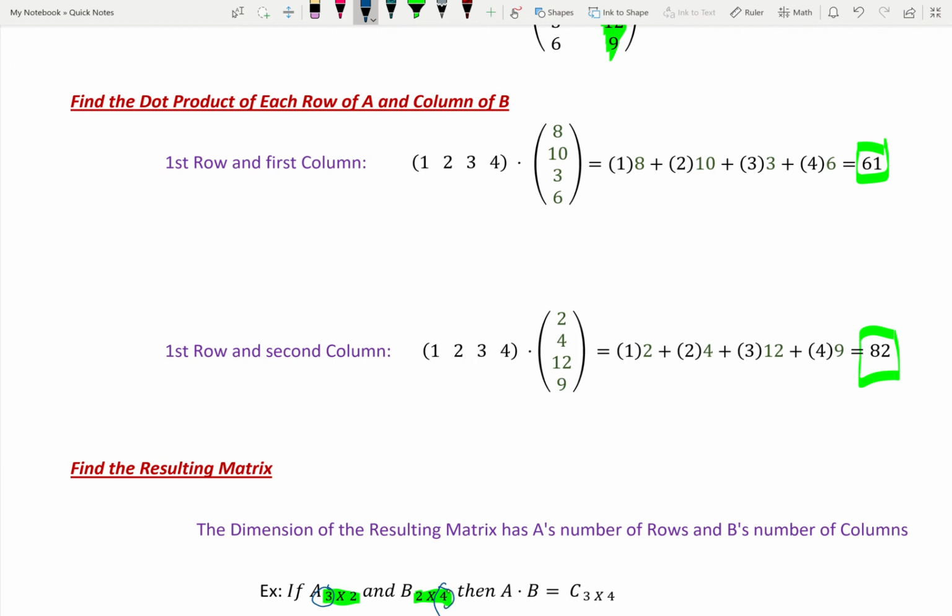So A times B will result in some matrix C that has dimensions 3 by 4.